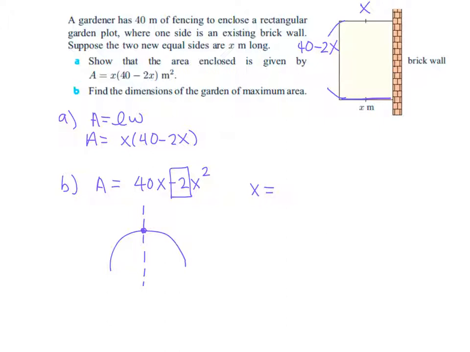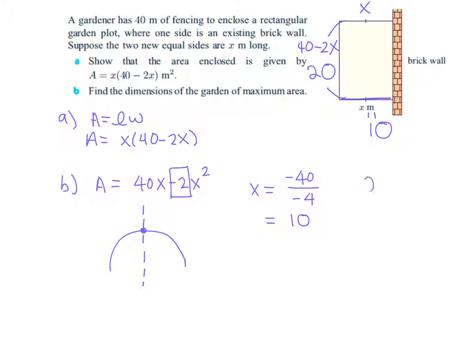Negative b over 2a. So b is 40, so negative 40 over 2 times negative 2, that would be negative 4. So x will be at 10. So when x is equal to 10, the width of this figure will be 40 minus 2 times 10, so that's going to be 20.